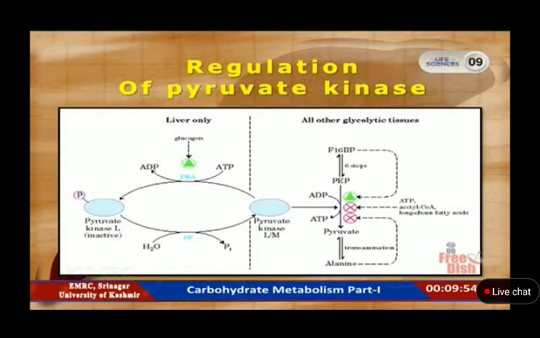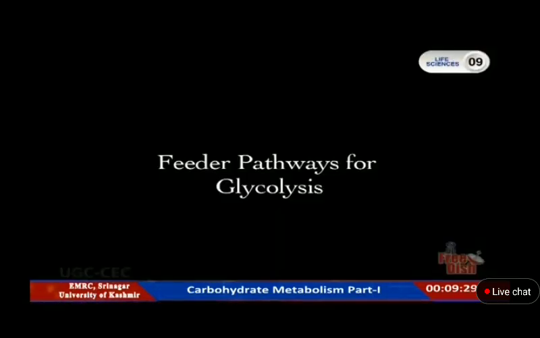This protein kinase will phosphorylate the pyruvate kinase, and phosphorylated pyruvate kinase is inactive. That means it stops glycolysis. Also, high concentration of ATP, acetyl-CoA, long-chain fatty acids inhibit the pyruvate kinase activity, and high concentration of fructose 1,6-bisphosphate activates the pyruvate kinase activity.